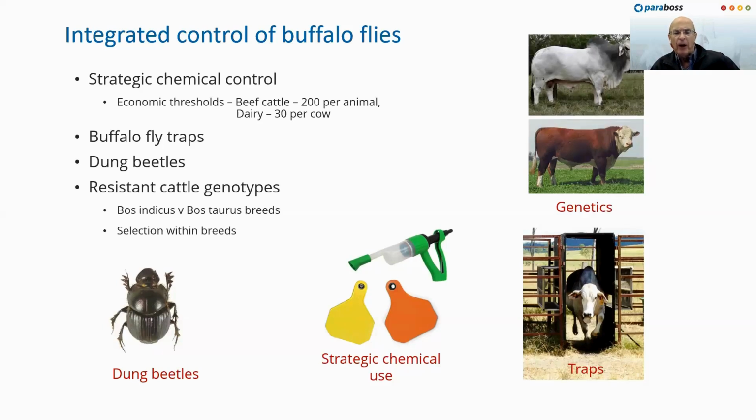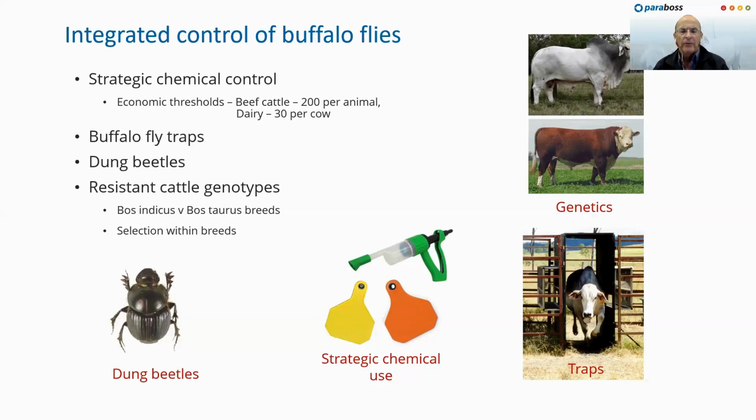Sometimes people use buffalo fly traps, sometimes dung beetles, and sometimes resistant genotypes. Historically this has been around the use of Bos indicus types or zebu types in the more northern areas. And they're more resistant than the so-called British breeds in relation to buffalo flies.